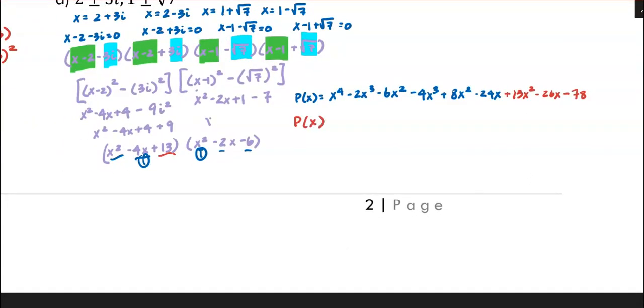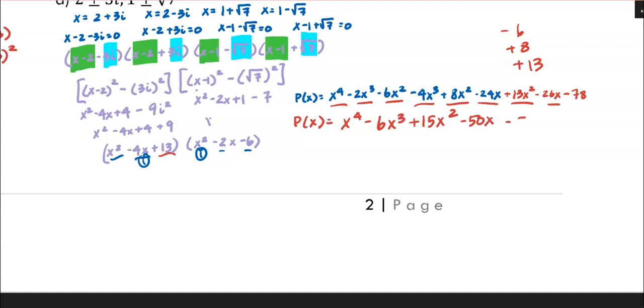So we have P of x equals x to the 4th, x to the 3rd and x to the 3rd, negative 6x to the 3rd, x to the 2nd, x to the 2nd, x to the 2nd right here. So negative 6 plus 8 plus 13 is a positive 15x to the 2nd. And then we have a negative 24 minus 26, which is a negative 50x, and a minus 78.